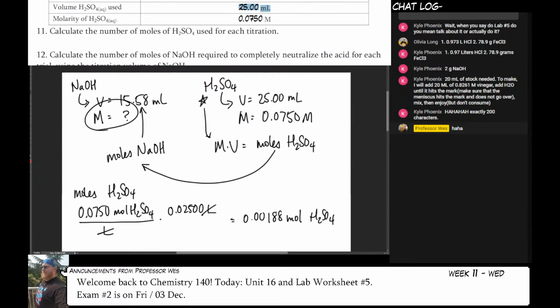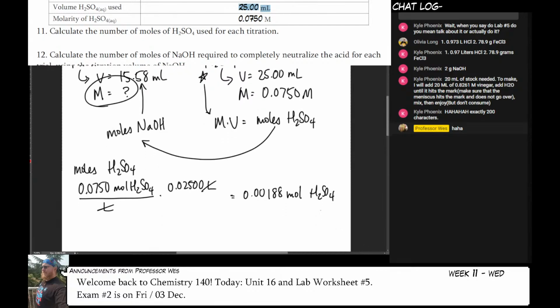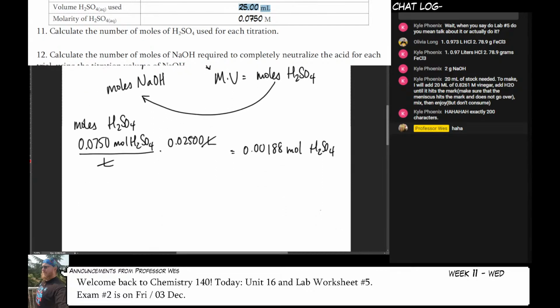So in this experiment, I put this many moles of sulfuric acid into the container. Okay. Now that I know the number of moles of sulfuric acid, I can take those moles of sulfuric acid and figure out how many moles of sodium hydroxide are needed, right?